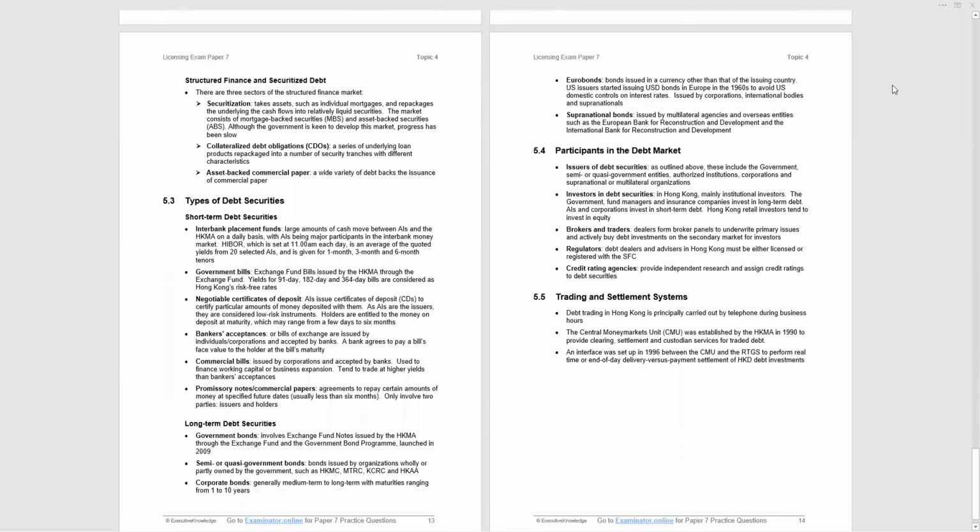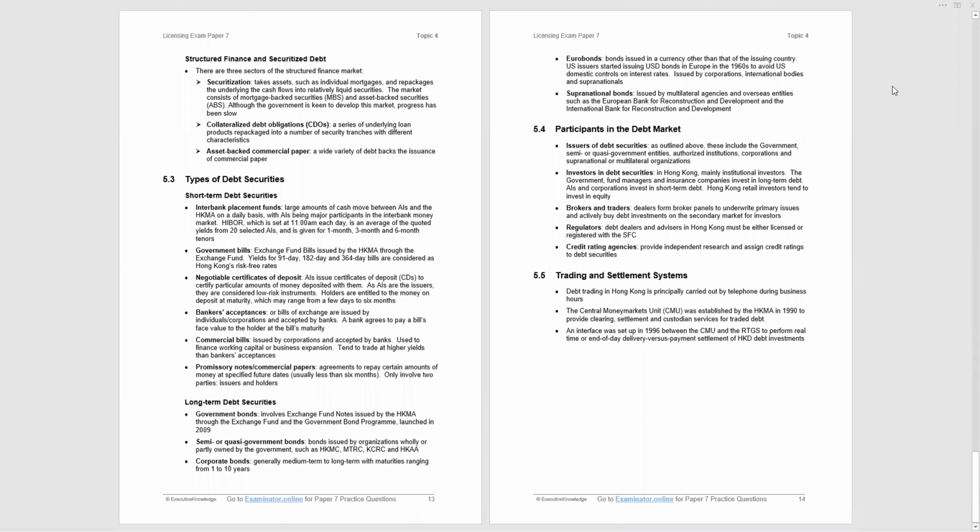Okay, moving on to the last couple of pages at paper 7. Structured finance and securitized debt. Securitization, that's where assets are taken, repackaged, and securities are issued with the assets as backing. And generally, there are two basic markets: mortgage-backed securities and asset-backed securities.